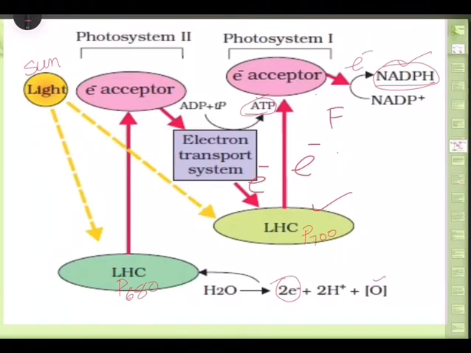When the electrons get excited, from the electron transport chain the electrons are coming, and moving further they reach the electron acceptor and then go to a substance called ferredoxin. I can write it as Fd, ferredoxin. So the electrons reaching ferredoxin make the NADPH formation.